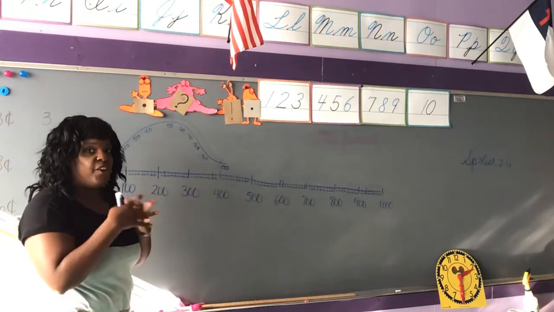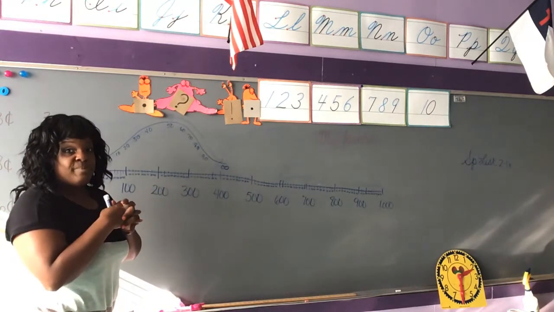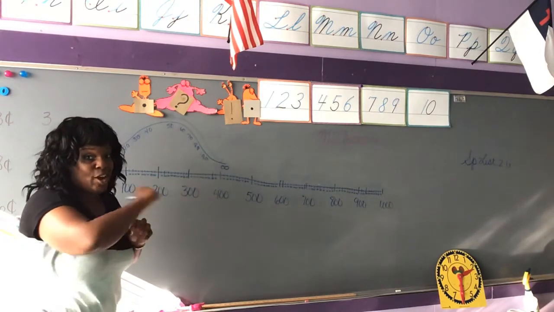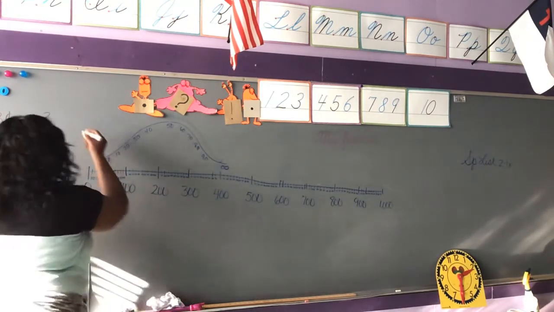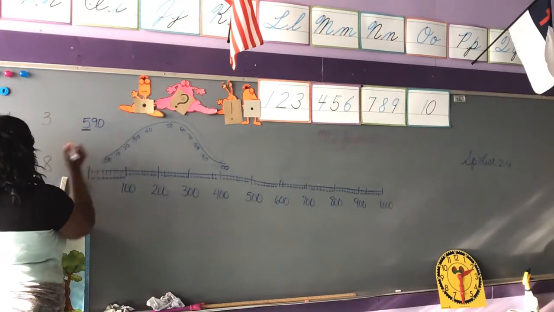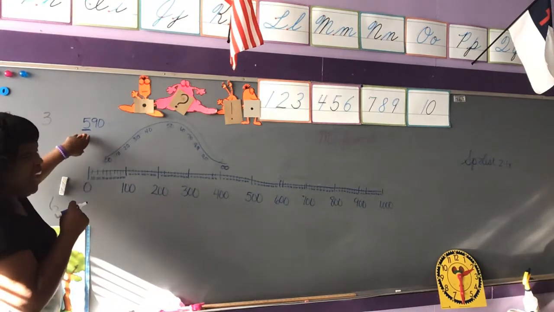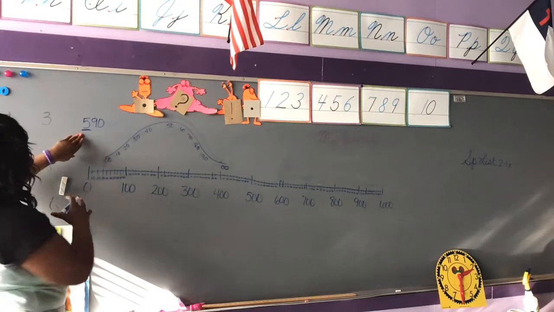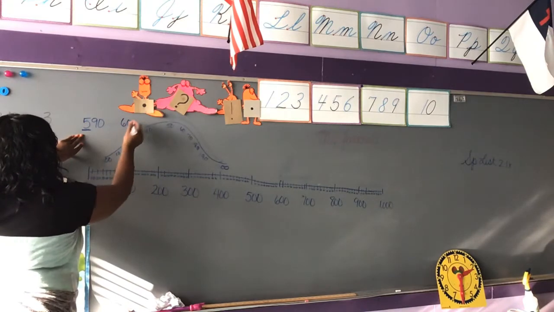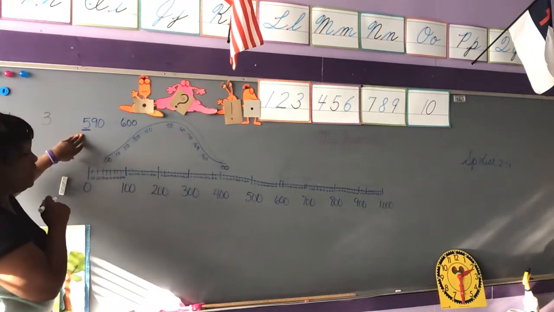Where am I going to find 590? In between 500 and 600, right? Because remember, we look at our first digit, and that tells us 500. And then we go 100 after that, so 500 to 600. It's going to be in between there.